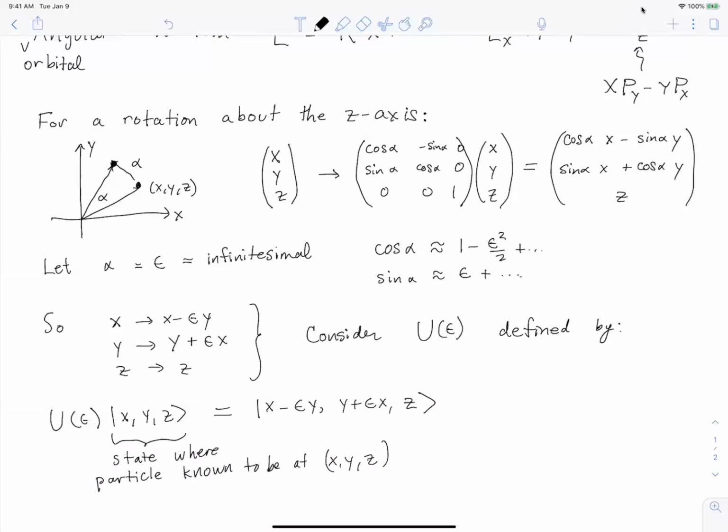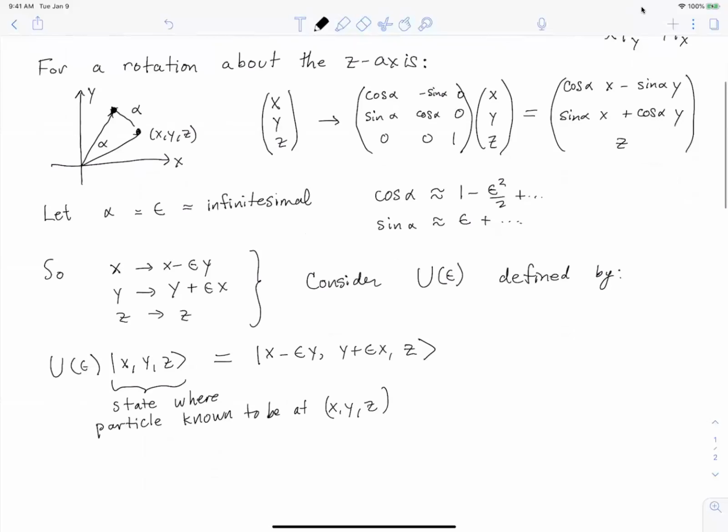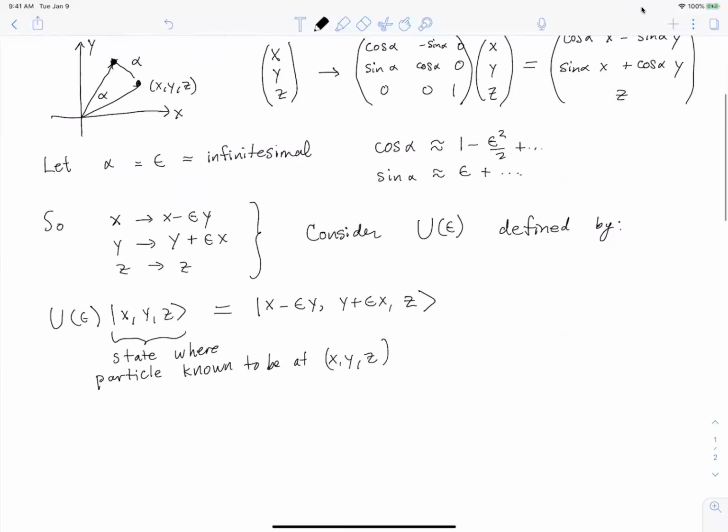And x, y, and z are commuting observables, and therefore we can simultaneously measure them and find their eigenvalues. And that's the state. And so the operation of U of epsilon is to change this orthobasis state x, y, z into a different orthobasis state given by this.